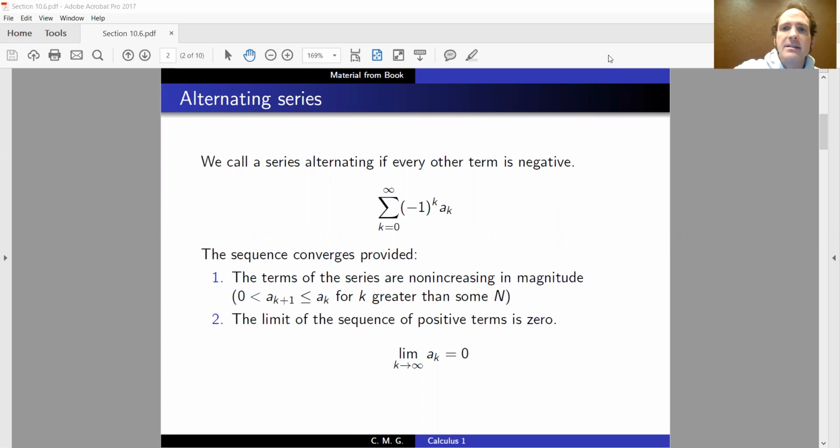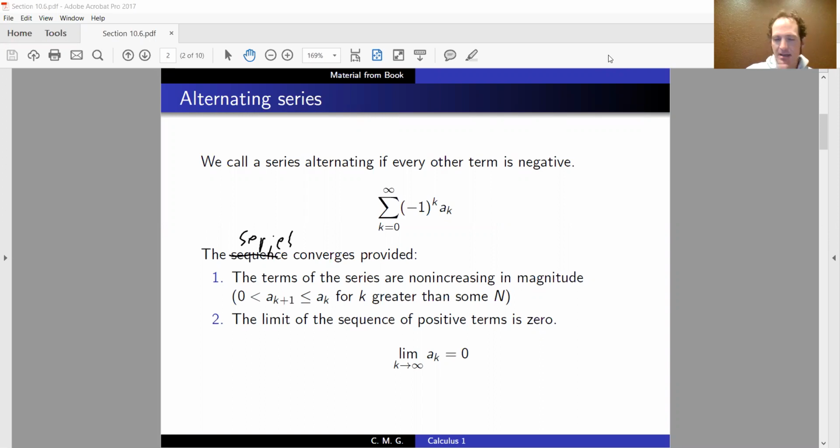The nice thing about these series is that we know the series converges, provided that, number one, the terms of the series are non-increasing in magnitude. The terms in this sequence of a sub k's are getting smaller or staying the same for some k greater than some n.